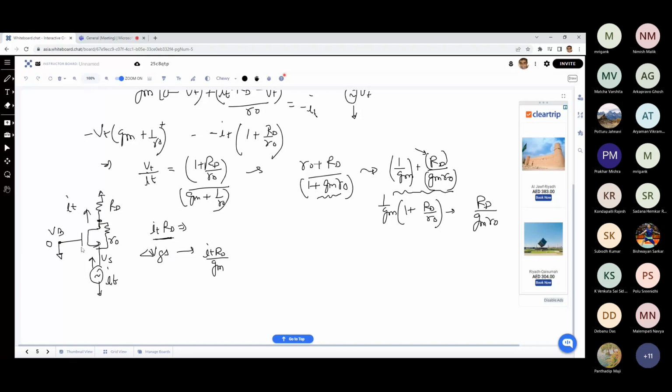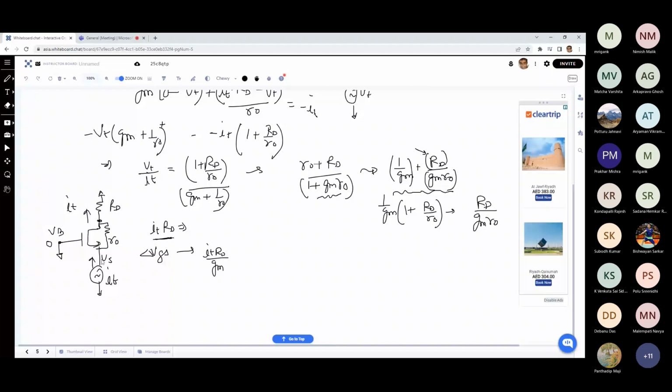So the VGS is something like this, and the delta VGS produced because of the applied current, we can say that it is going to be ITRD upon GM.